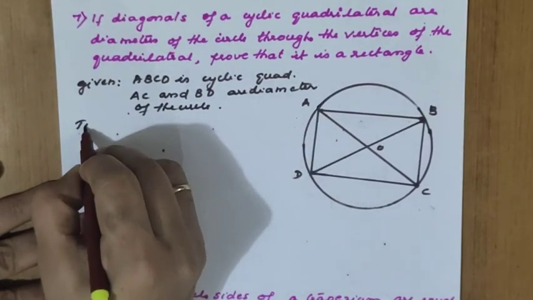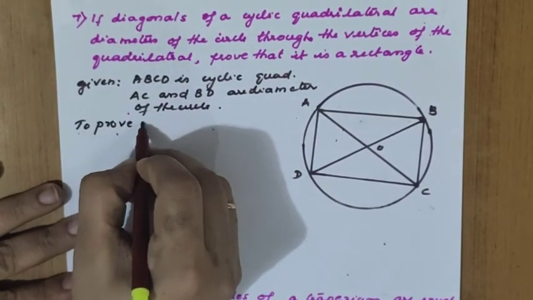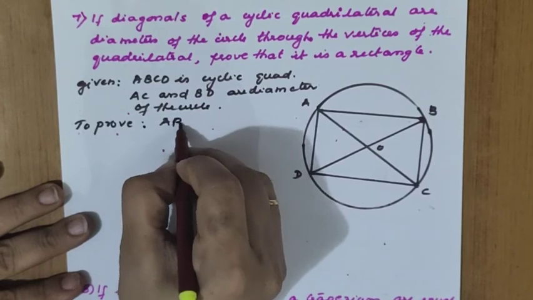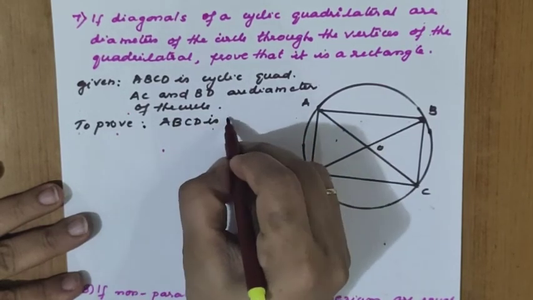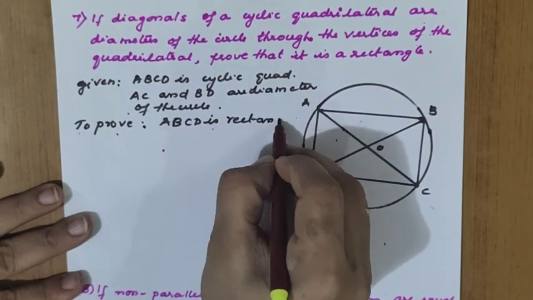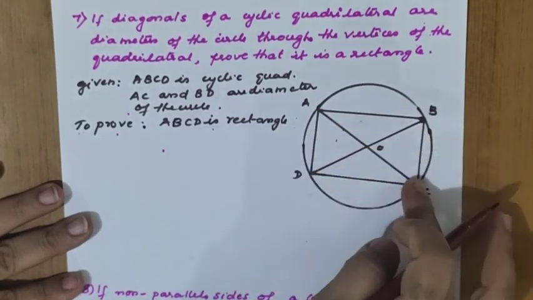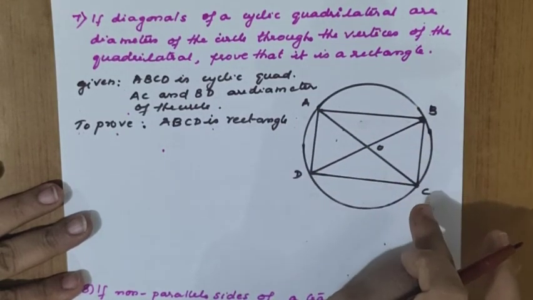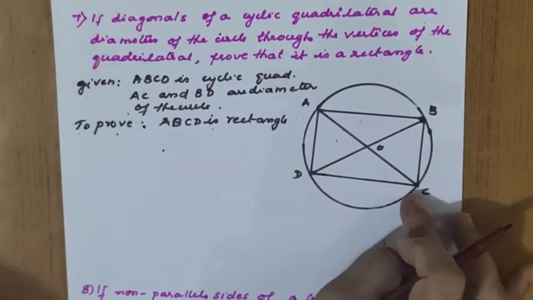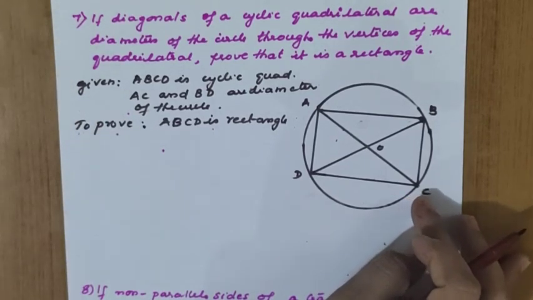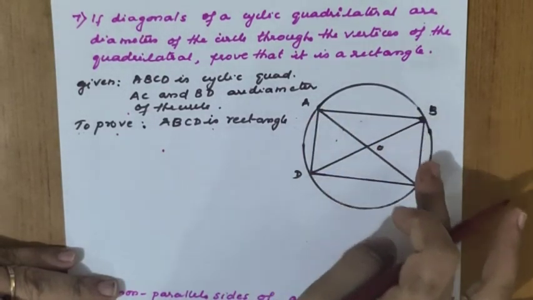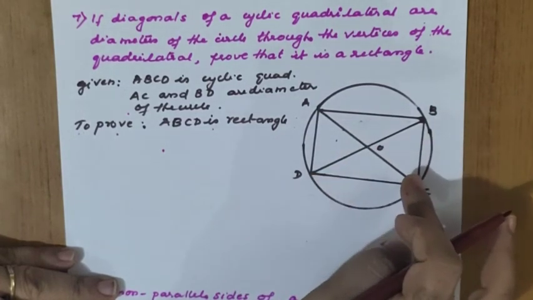We have to prove that ABCD is a rectangle. So we can take the property that it is a quadrilateral. A quadrilateral can be a parallelogram, as we have learned: two pairs of opposite angles are equal, two pairs of opposite sides are equal, diagonals bisect each other, or one pair of opposite sides are equal and parallel. So here already it is given that the diagonals are diameters.